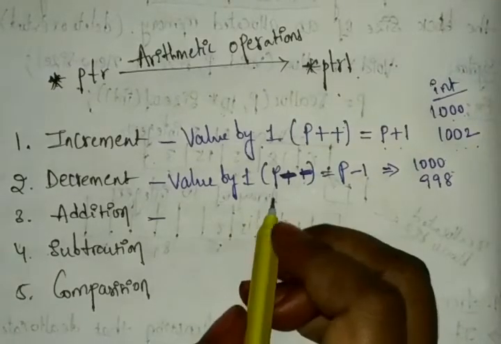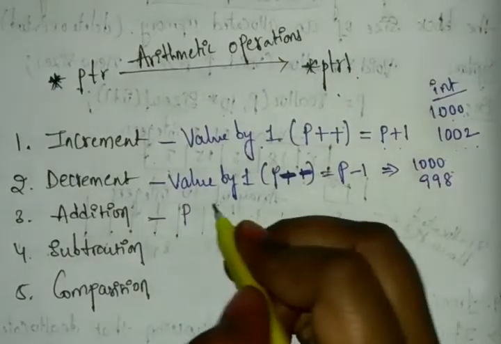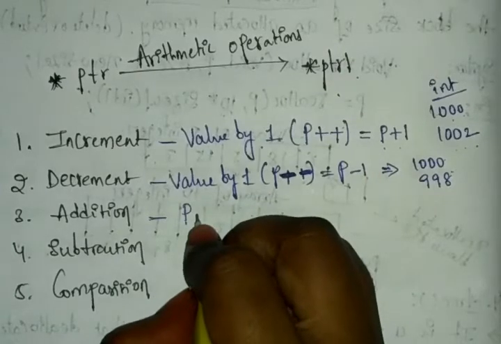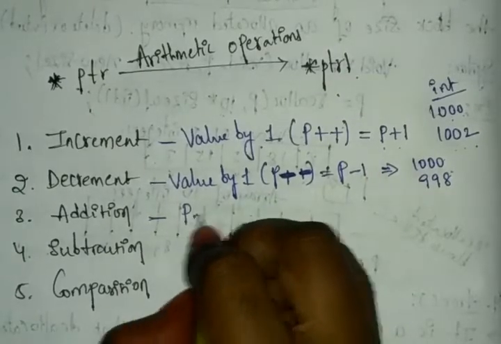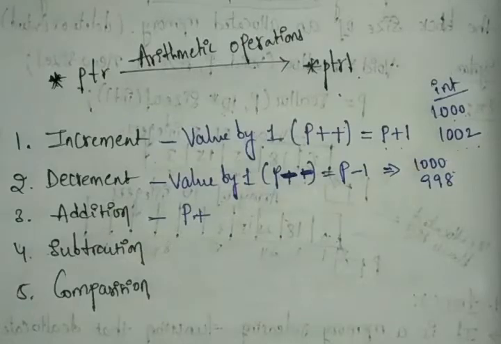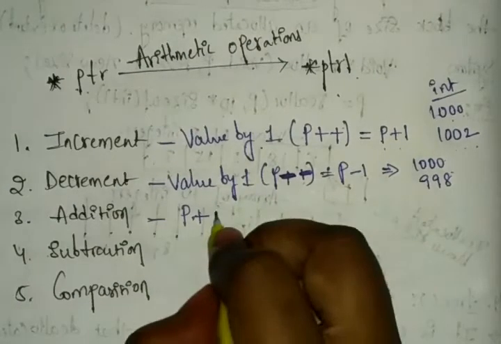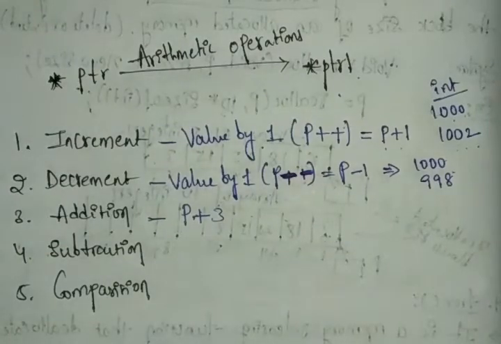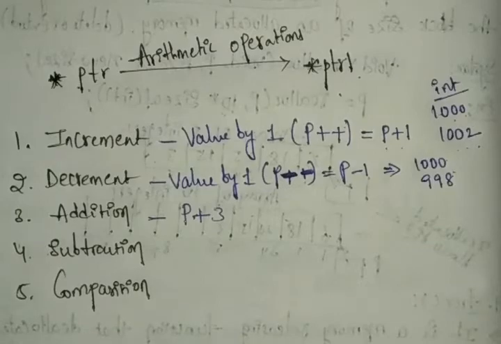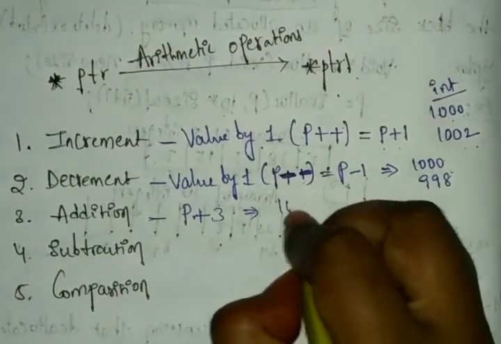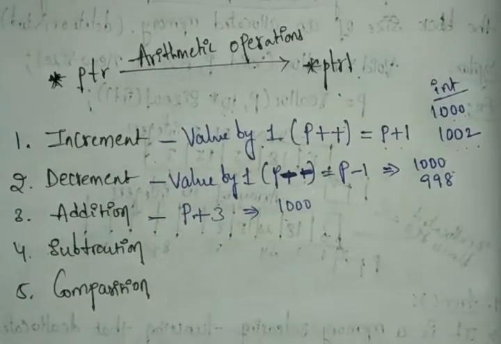Suppose we have the pointer p. Addition means the plus symbol. Here I am adding 3 to our address. Just imagine the address is 1000.